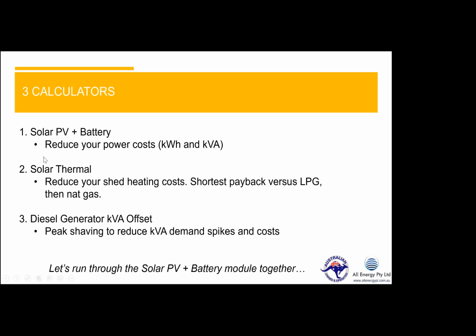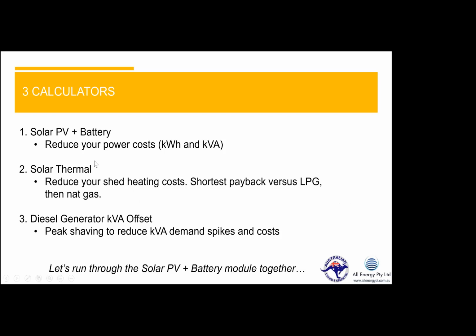So what we've got is a straight up PV solar, and then a PV solar plus battery, and the solar thermal system. Good examples of these are those black plate collectors, and then also vacuum tube systems.